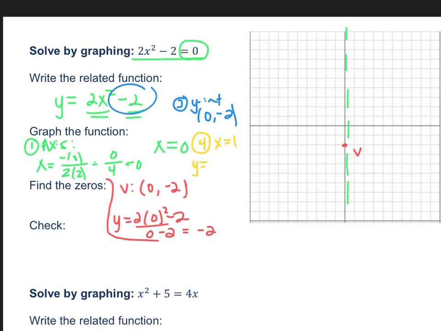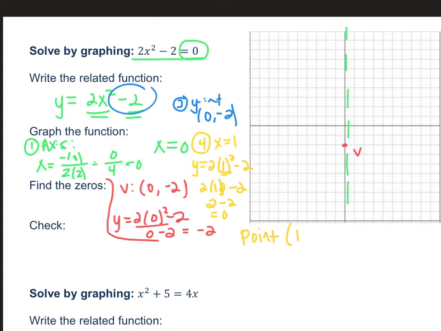y equals 2 times, we're going to plug in a 1 for the x, and we'll do this math. 1 squared is 1, so 2 times 1 minus 2. 2 times 1 is 2, minus 2, and we get 0. So what we just found was a point on our parabola.